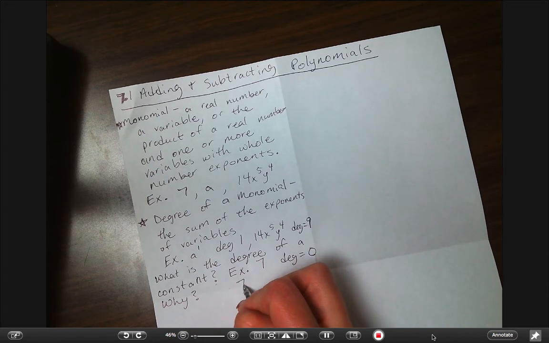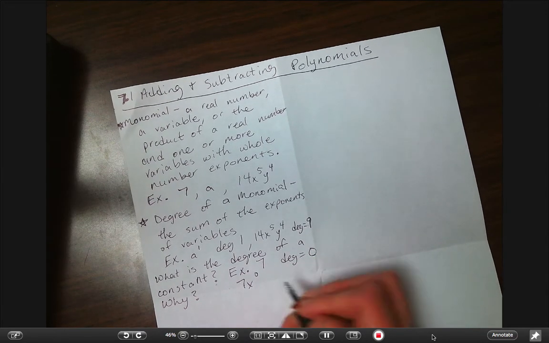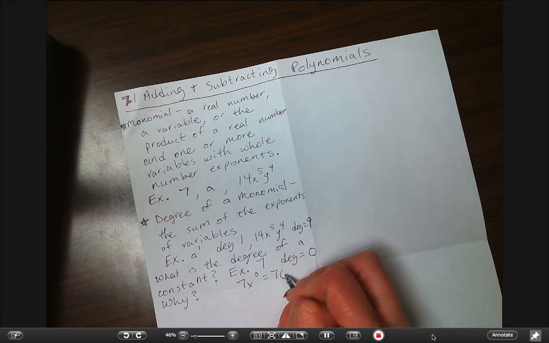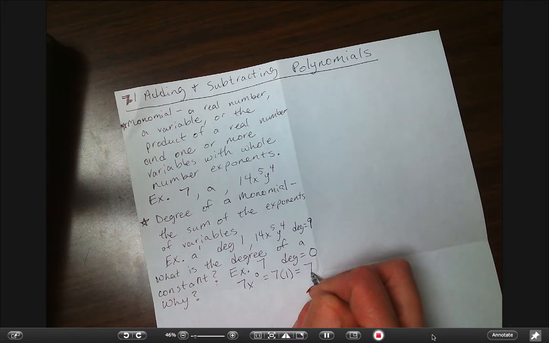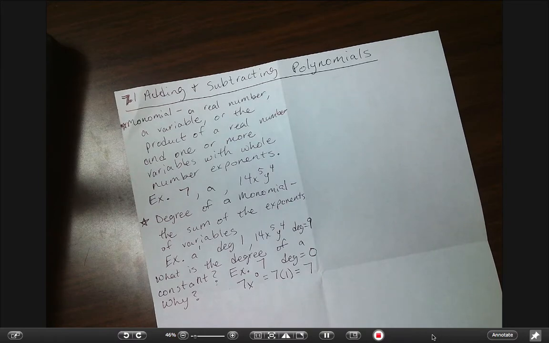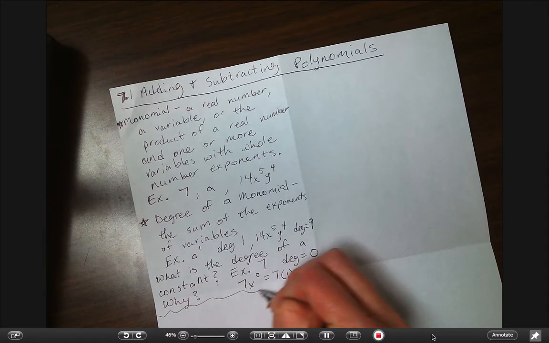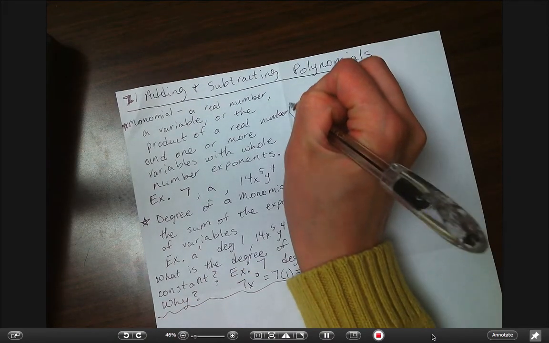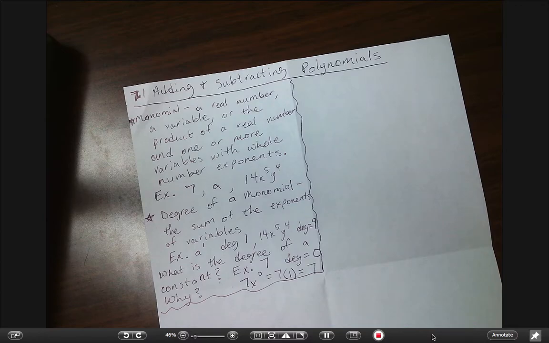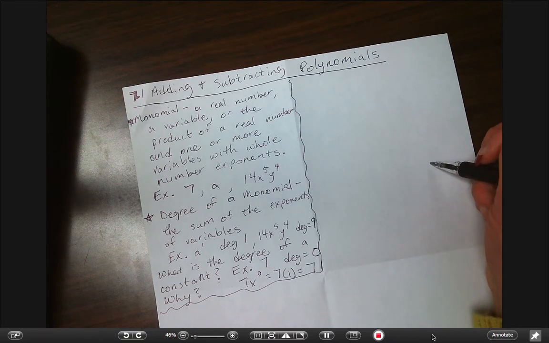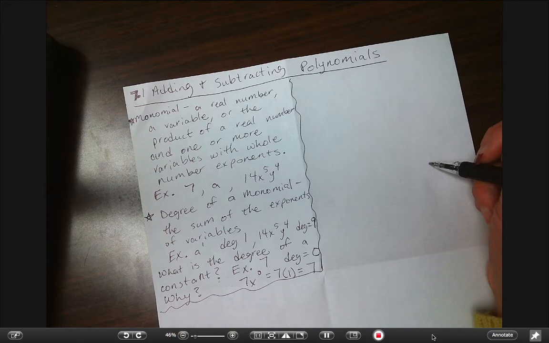Well, 7x to the power of 0 is equal to 7 times 1, which equals 7. So if we use our exponent rules, which is what we did last week, we know that it has degree 0. Okay, so I'm done with my first box, and I used a lot of room there. You might want to write a little smaller if you are running out of room like I am, because the second box is going to have a lot in it also.